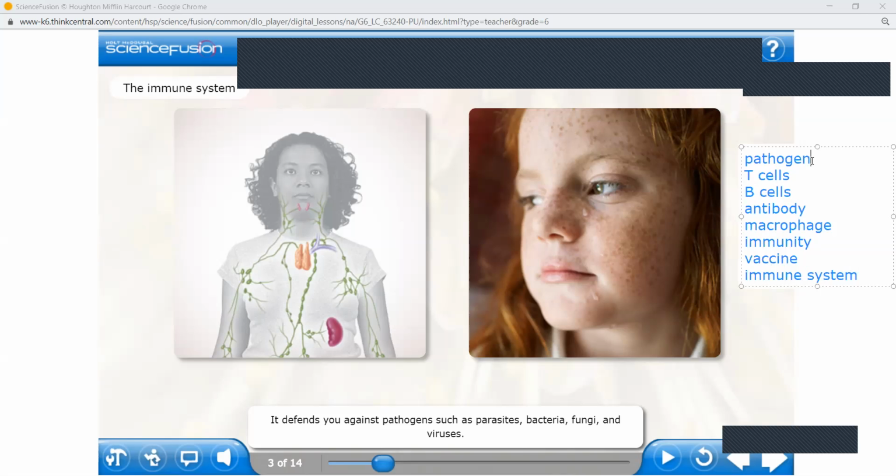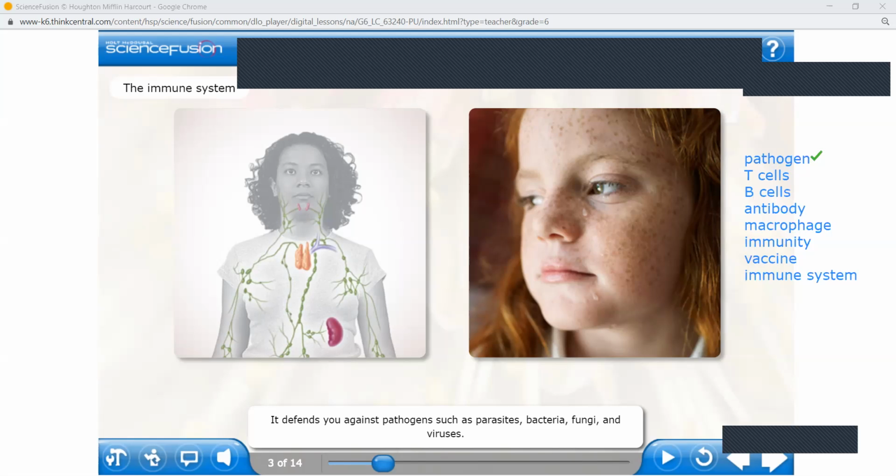And that we learned about pathogen, right? All right. So who will tell me what is a pathogen? Dana, can you tell me what is a pathogen? A pathogen is an organism that causes disease.